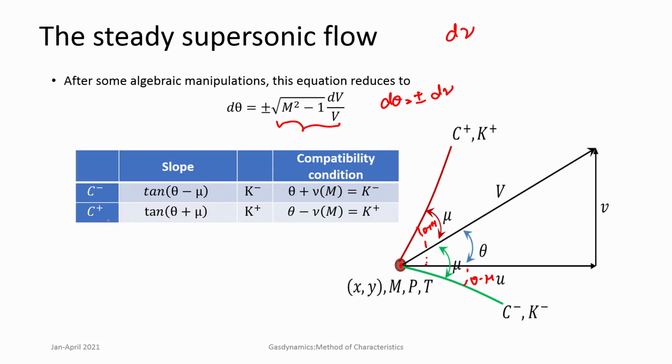Similarly, you can take the C plus characteristics, which is theta plus nu, and along them theta minus nu is constant. So, this is K plus, which is theta minus nu, and this is K minus, which is theta plus nu. This is constant along those directions.